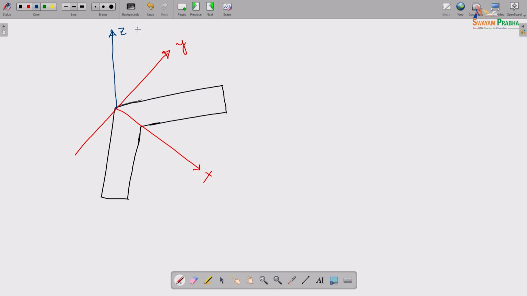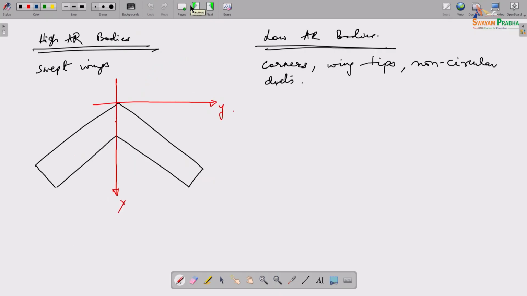Right. So swept wings is something like this. Here both span-wise and stream-wise gradients are small, and the ordinary boundary layer approximations apply. Swept wings could be many other ways also. You can have a path swept wing also.